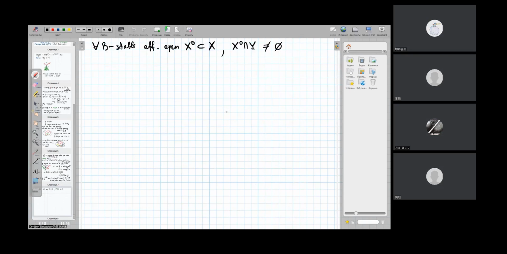So if you have such an affine open subset, then we know that the complement of this open subset in X is a union of finitely many prime divisors. We have proved such a lemma some time ago.